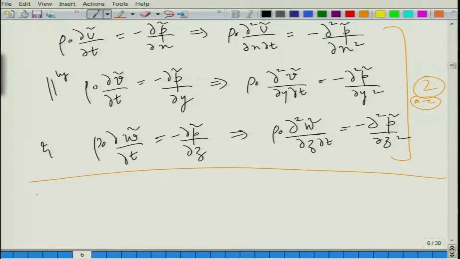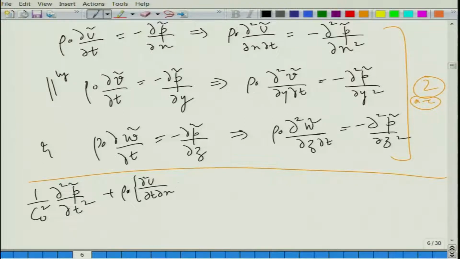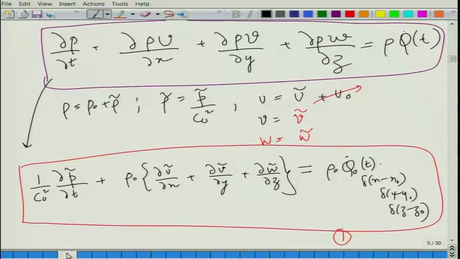So, once you do that, you will get, so this term will become rho naught into del t del x. And here we have been insisting on time harmonicity.